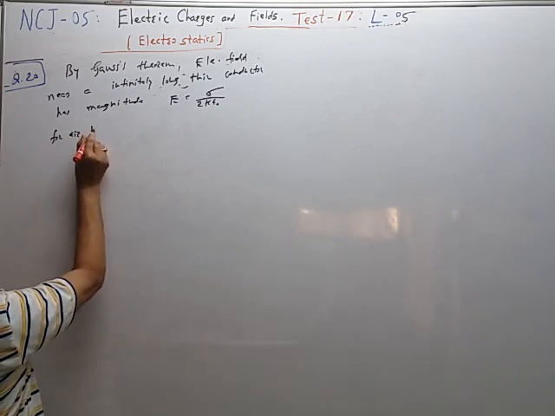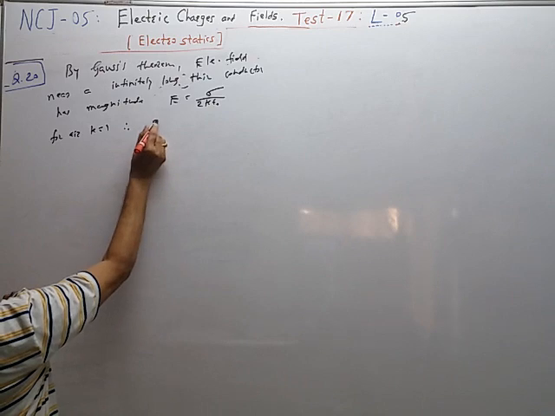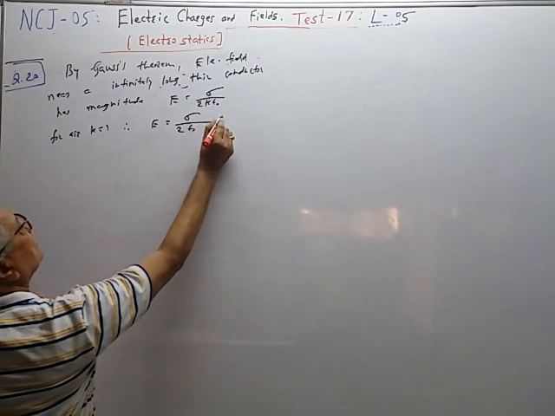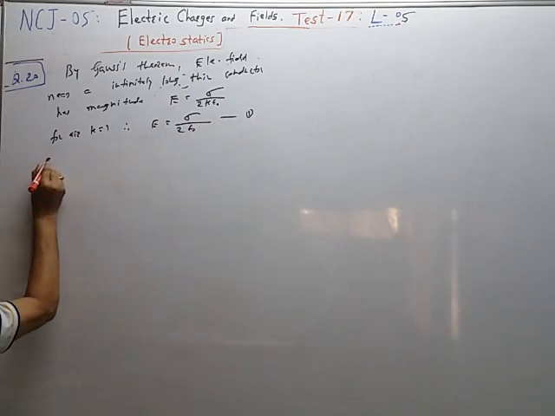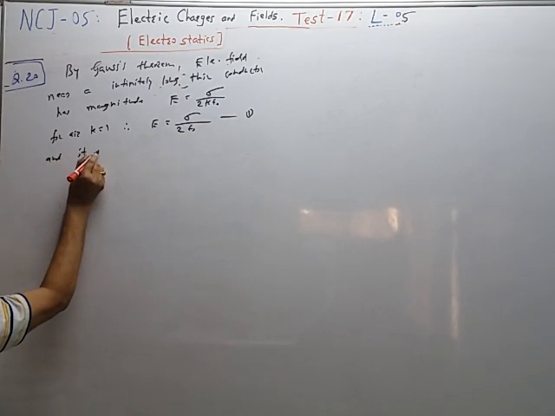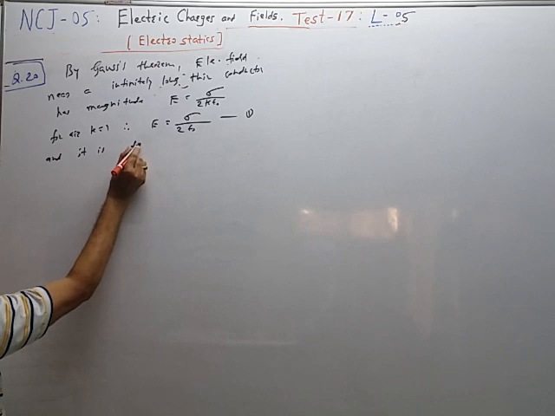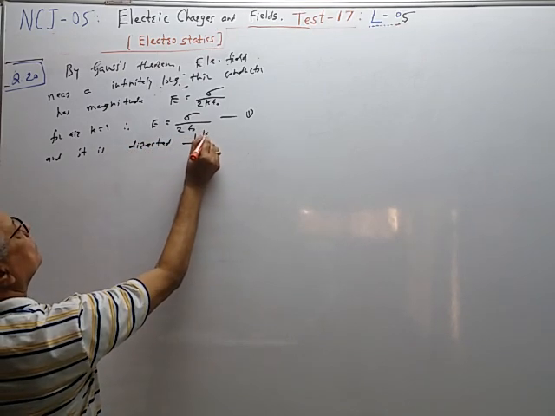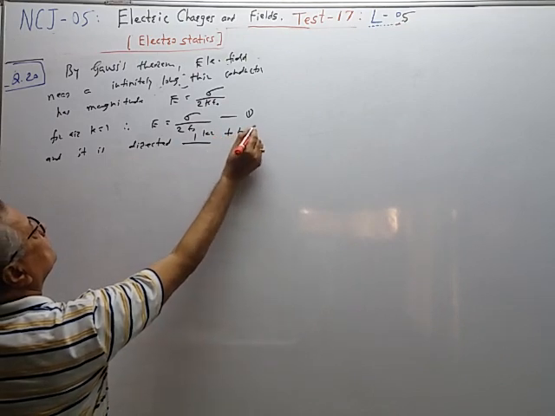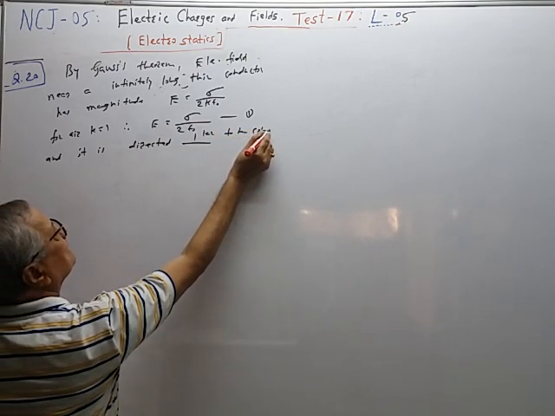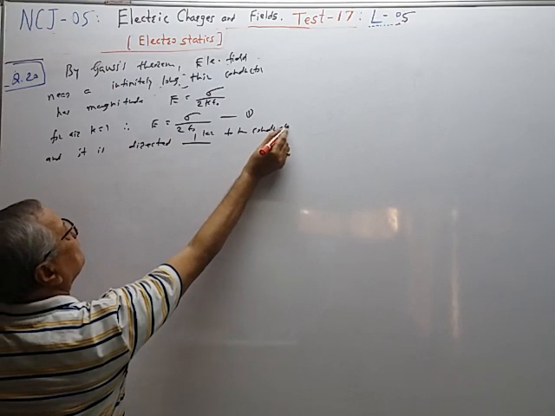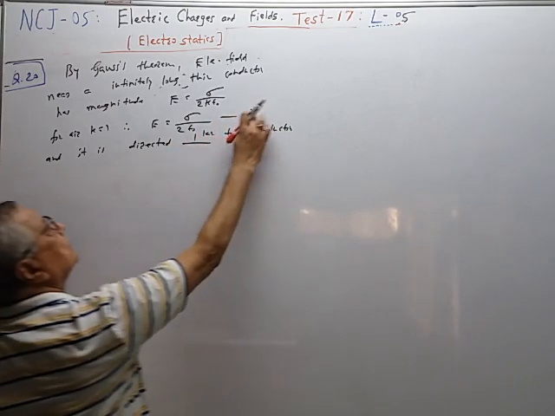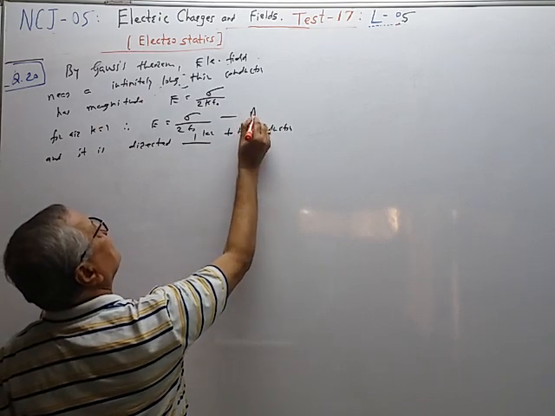For air, k is equal to 1, therefore E is equal to sigma upon 2 epsilon naught, equation 1, and it is directed perpendicular to the conductor. Say this is equation A.